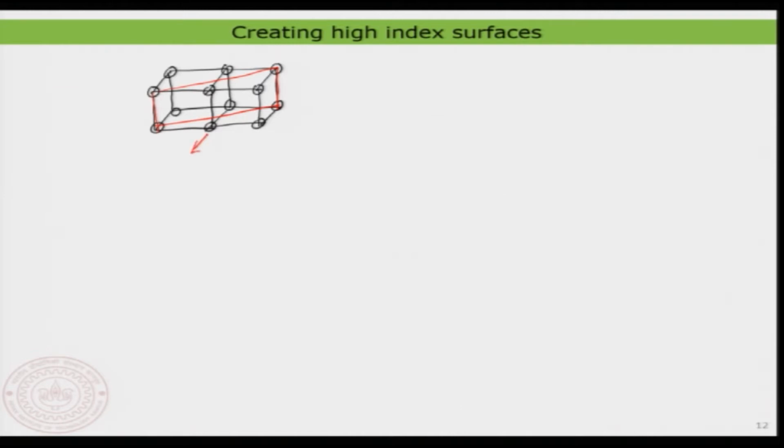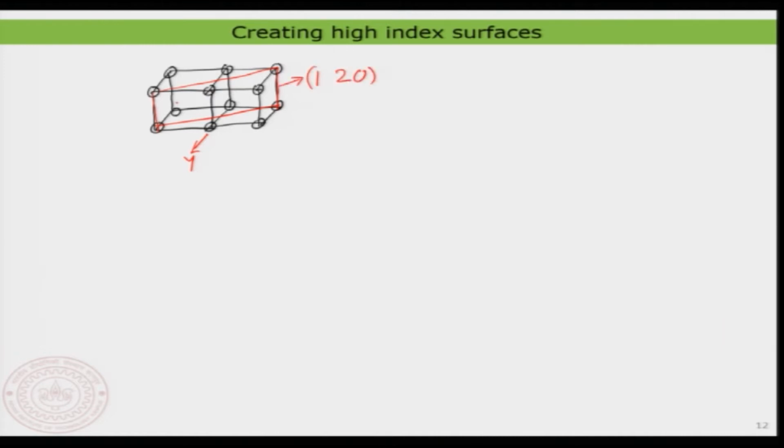You can see here that along the y axis the unit cell is being cut 2 times. So the intercept along the y axis is 2, along the x axis it is 1, and this plane is parallel to the z axis, therefore the intercept is infinity. So your Miller index of this plane is going to be 1, 2, 0. So, that is the plane.